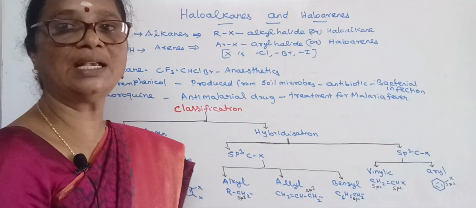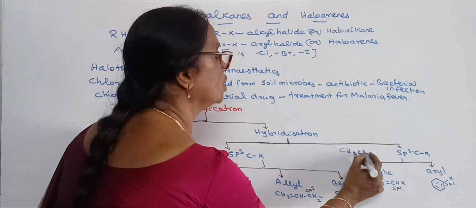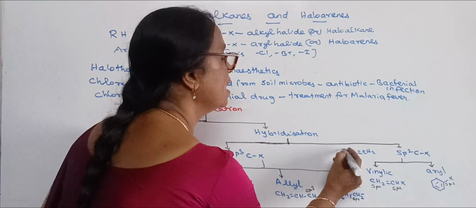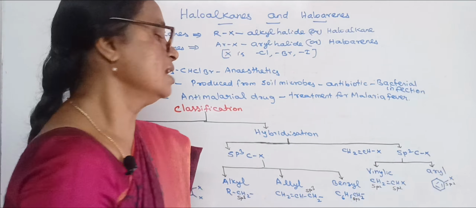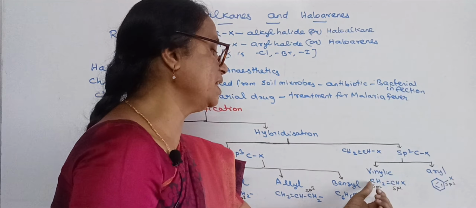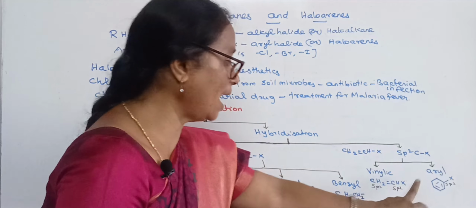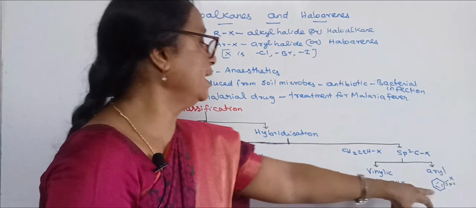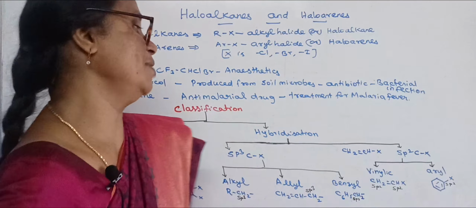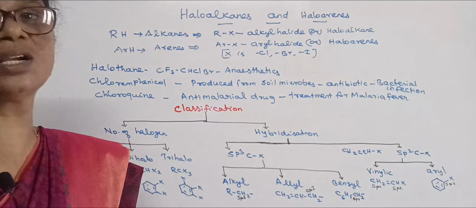Vinyl is nothing but the ethenyl group. Ethene has the formula CH2=CH2, in which one of the hydrogens is replaced by halogen. So this ethenyl group CH2=CH is said to be vinylic, in which the halogen is attached to the doubly bonded carbon system. So these two come under the hybridization where carbon is sp2 hybridized.